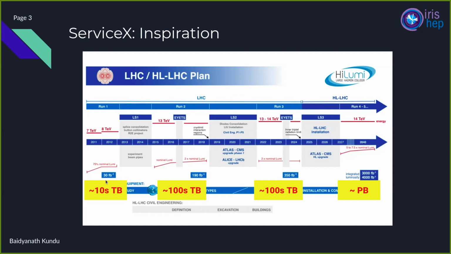So Run 1 produced about tens of TBs of data, Run 2 about hundreds of TBs, Run 3 the order remains the same, but it will produce about twice the amount produced by Run 2, and Run 4 and 5 are supposed to produce petabytes of data. Now that much data cannot be processed on a personal computer, and doing it in a short amount of time is very hard. So that's why ServiceX was invented.